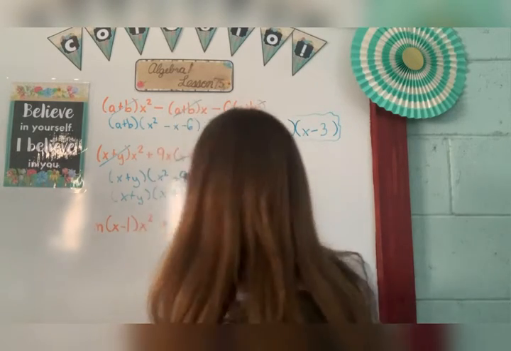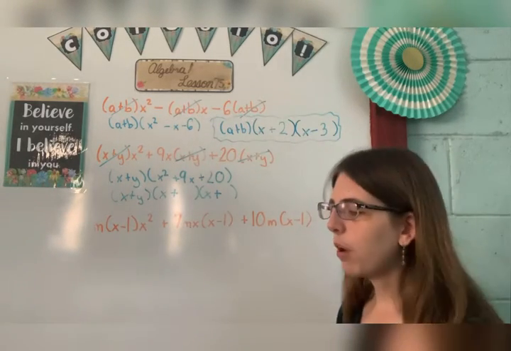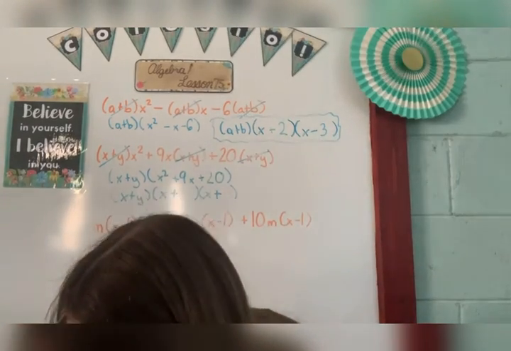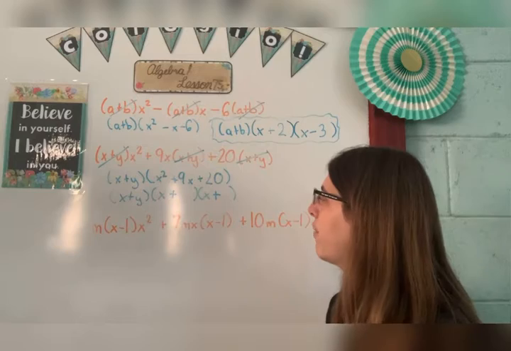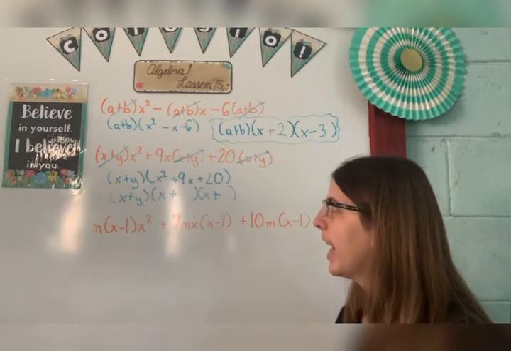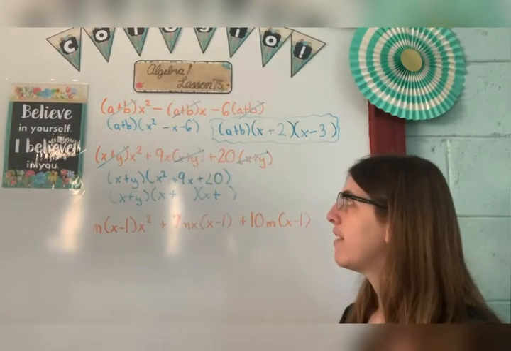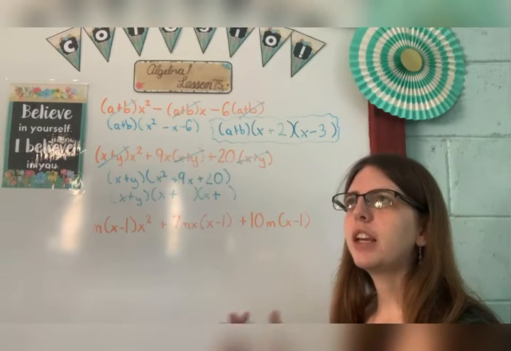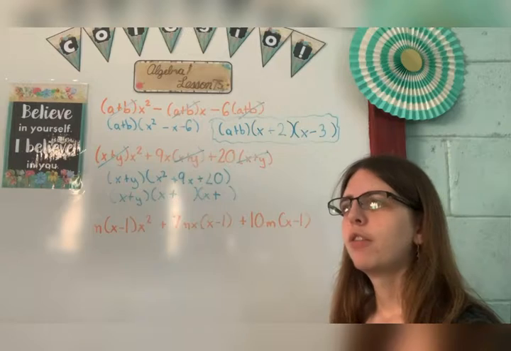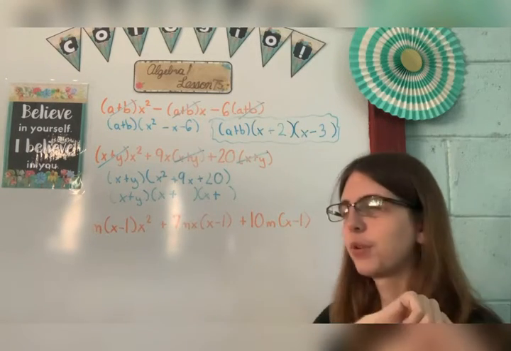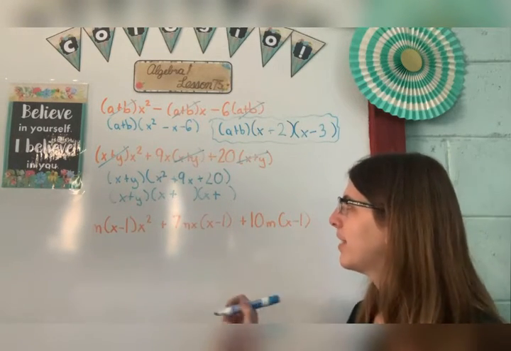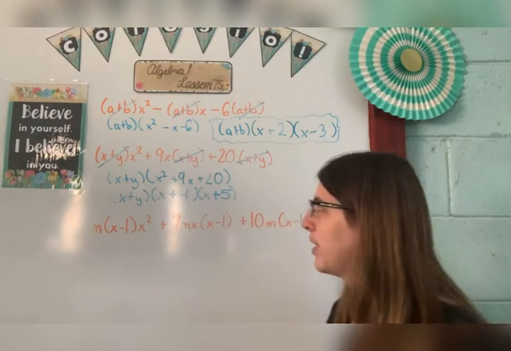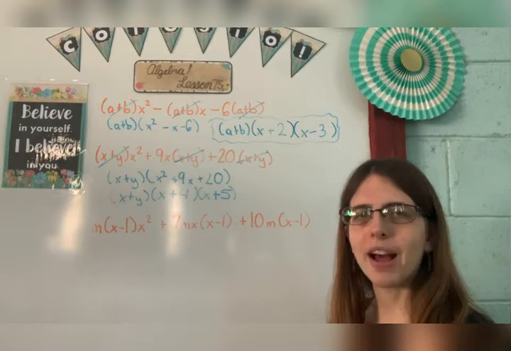Okay, what are the factors of +20 that when added together are going to give me 9? Let's think about it. 1 times 20, 2 times 10, 4 times 5. Aha! 4 times 5. Since they're both positive, that one's really easy: (x + 4)(x + 5). I don't even have to think about one being negative and one being positive.